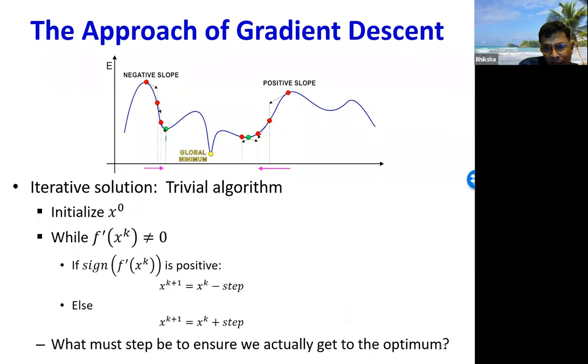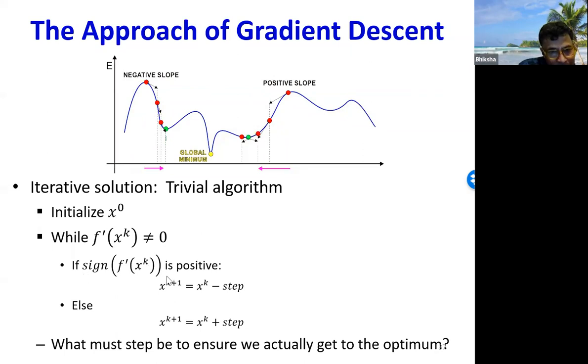And so this gives us this approach of gradient descent. I'll tell you why it's called gradient descent in a bit, but this is a very trivial solution. You're going to initialize your estimate for the optimum. Then at that location, you're going to check the sign of the derivative.